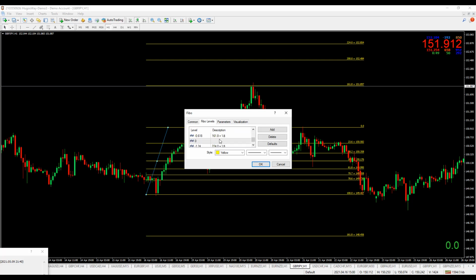This column is for levels. This is for description, which is what shows here. So let's try some of this. We see some of the levels are negative, like this one. Okay, let's be consistent. Let's make it 0.0.